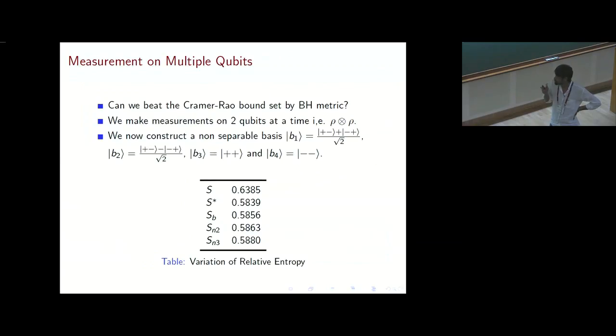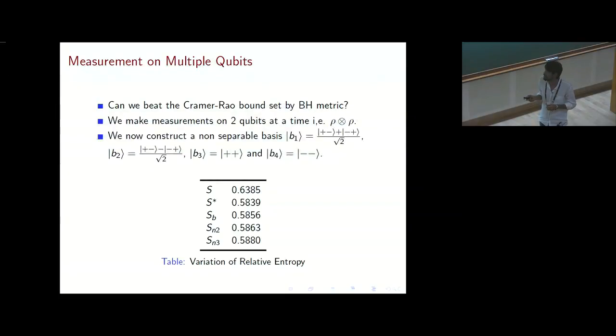So the idea is, rather than making measurements on one qubit at a time, what if I make measurements on 2 qubits at a time? I have n qubits, so I'll make measurements 2 qubits at a time in the product Hilbert space, that is rho tensor rho. The reason is that when I take a product Hilbert space, a large number of states are available for making measurements, for example Bell states.